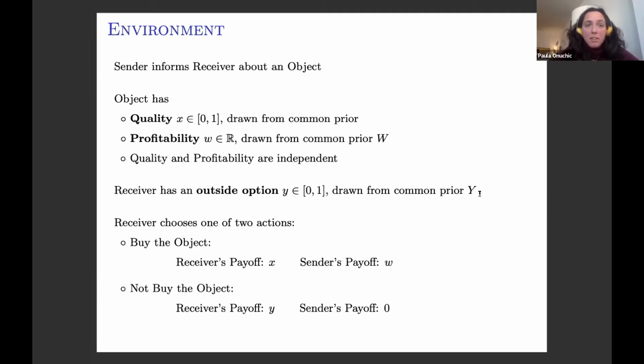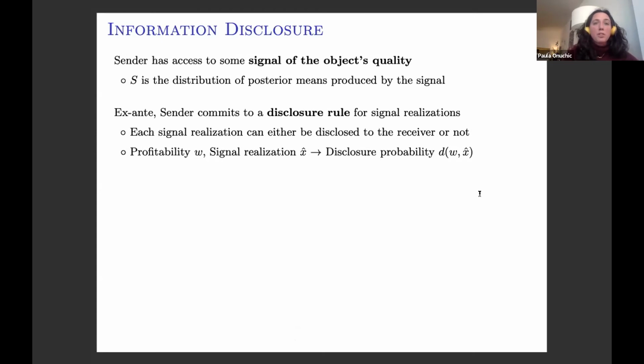Okay, so now let me tell you a bit more about how the information transmission happens here. I told you that the sender is going to acquire and then disclose information, but first we're going to pretend that the information has already been acquired. Let's say that the sender has access to some signal of this object's quality. It could be that he observes perfectly what the object's quality is, but it could also be that he just observes some signal.